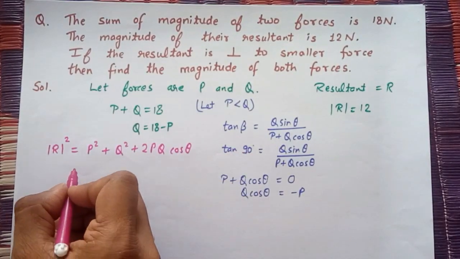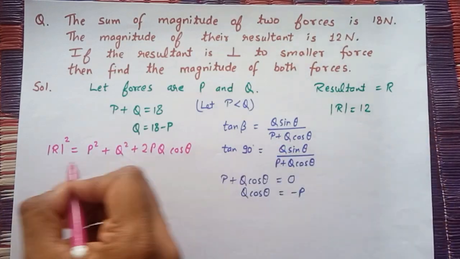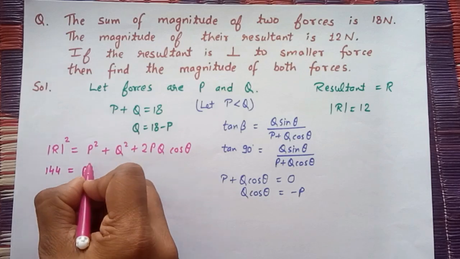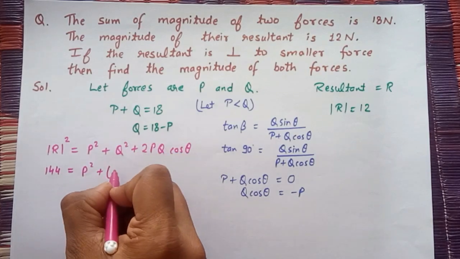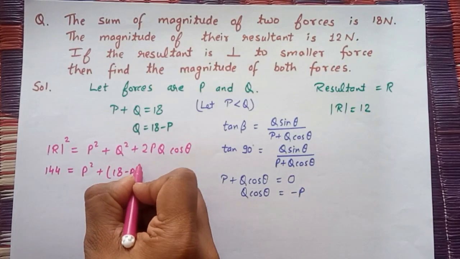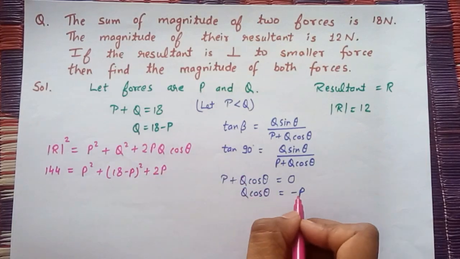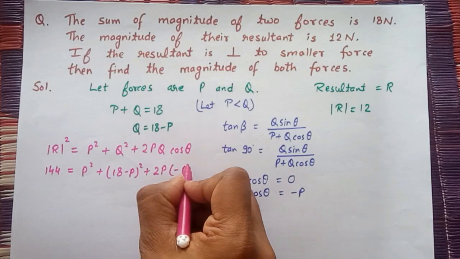Putting the values, R square, 12 square, is 144, equals P square plus (18 minus P) whole square plus 2P. What is Q cos theta? Q cos theta is again minus of P.